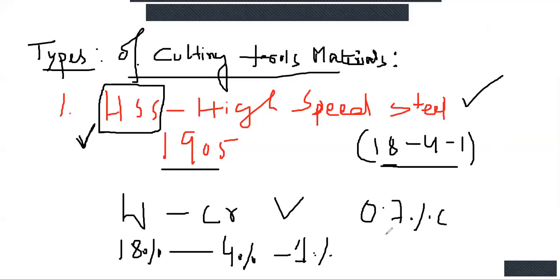Carbon is given 0.7% to increase the hardness. If we increase the carbon percentage, then the hardness is also increased. The rest percentage is iron.